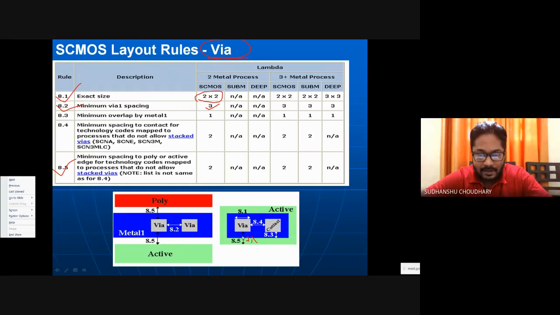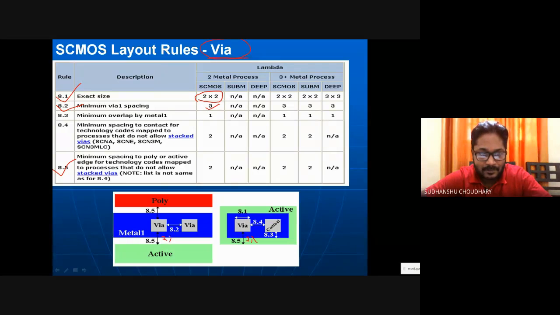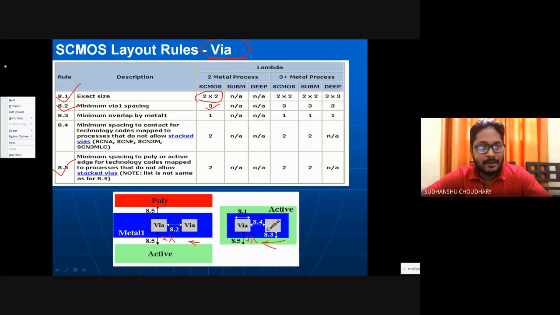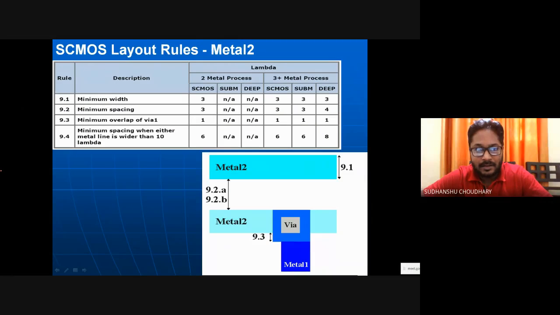In this case, via and metal both are inside the active region, but in this case, via and metal both are outside the active region. So I have another rule. In fact, the dimensions are the same, 2 lambda in both situations. Okay, I think we are done with the layout design rules, and maybe this is the last rule.